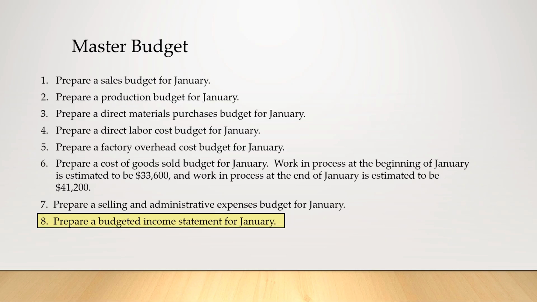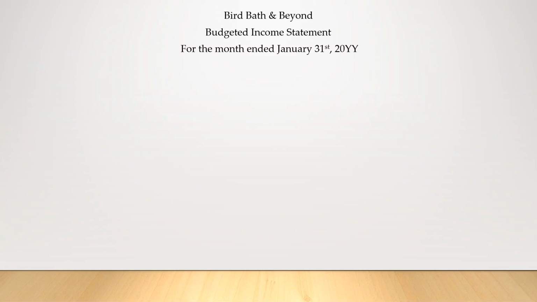Number 8, prepare a budgeted income statement for January. A budgeted income statement takes the identical format as a regular income statement, just using the budget's numbers in place of actual ones. We'll use the multi-step income statement format. Sales revenue less cost of goods sold equals gross profit.